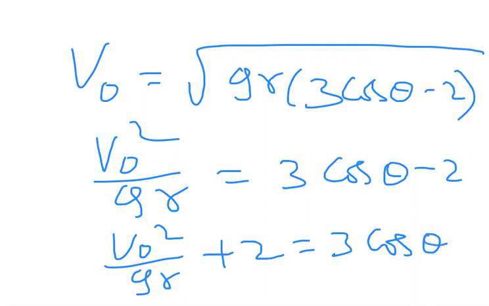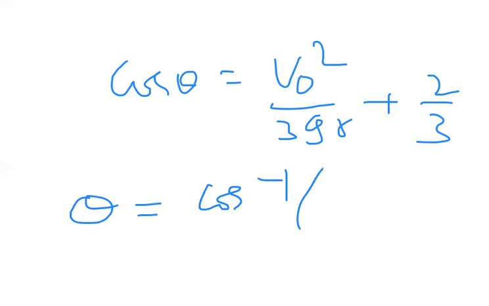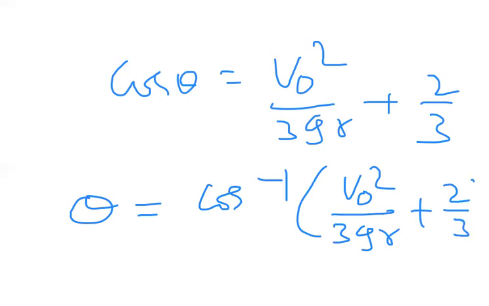Again from here I can write cos theta is equal to v naught square by 3gr plus 2 by 3. This is the main expression we required. Theta is equal to cos inverse of v naught square by 3gr plus 2 by 3. This is the expression for theta.